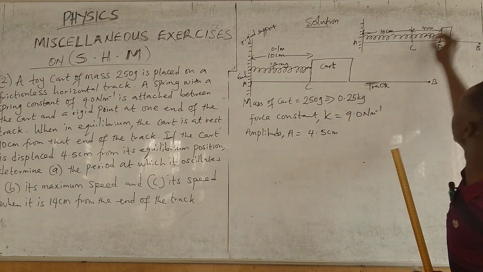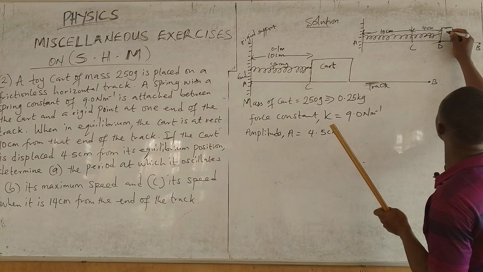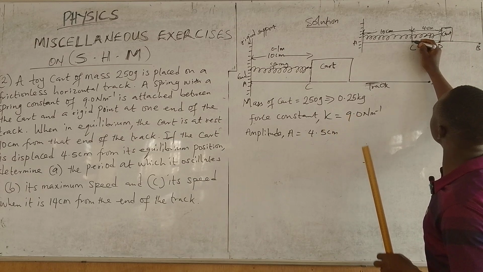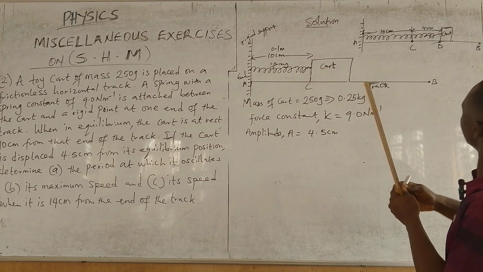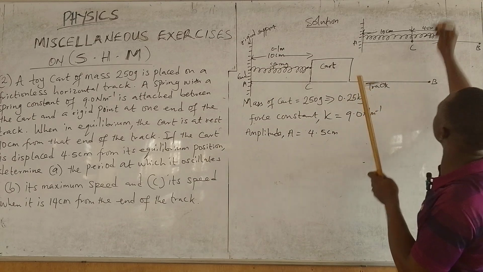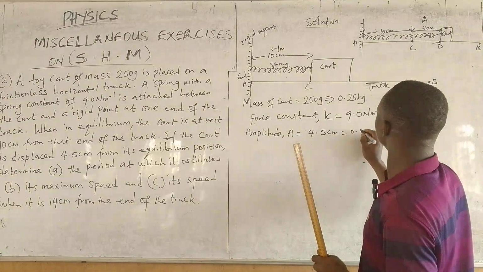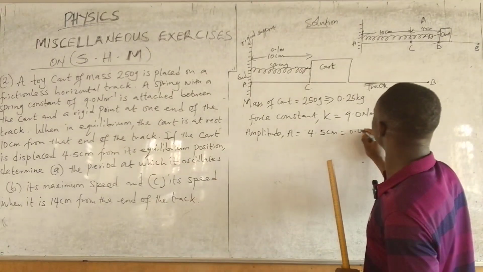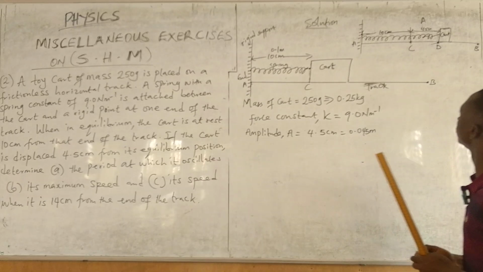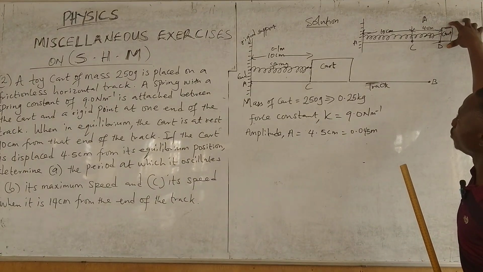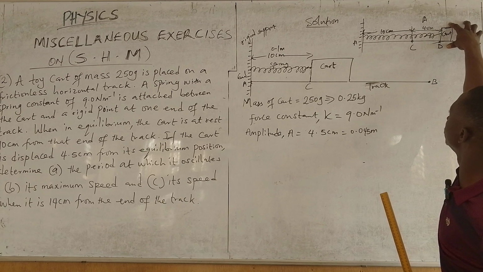So how do you think this cart is going to oscillate? The cart will oscillate about the equilibrium position C. So from here to here is amplitude, which is 0.045 meter. If you release it now, it will begin to oscillate about here.